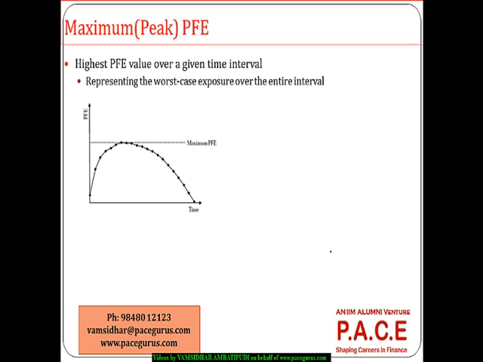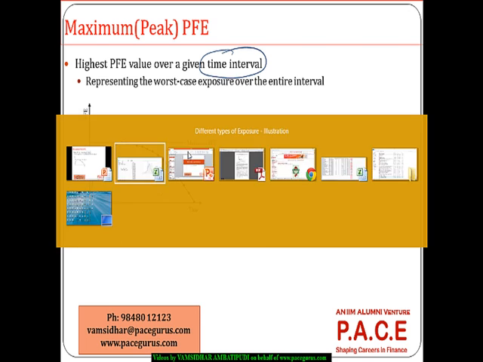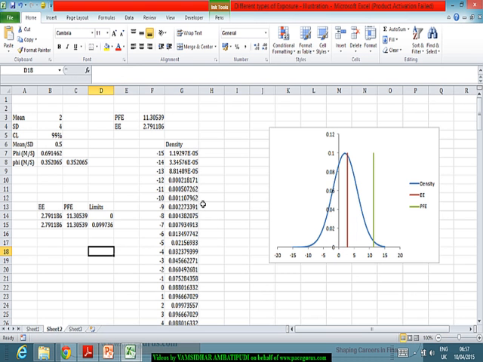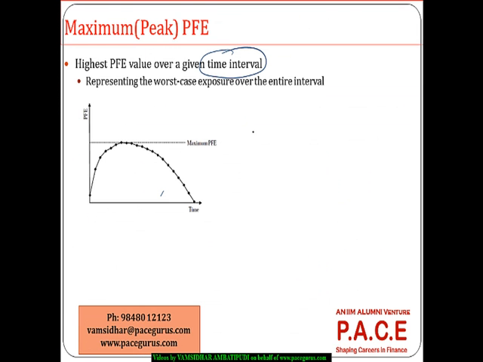Now this is where I am trying to do the potential future exposure across time. This is at one point in time, right? Probably at some date. On some date, this is the potential future exposure. Let's say 11.3 is the potential future exposure on some date.